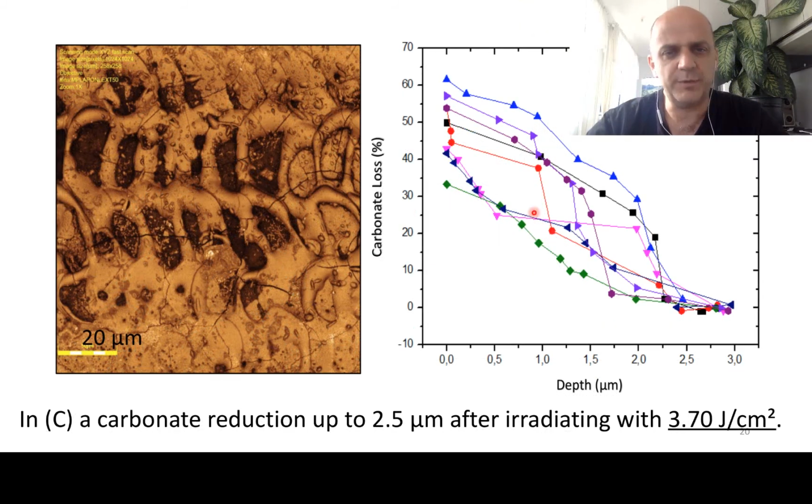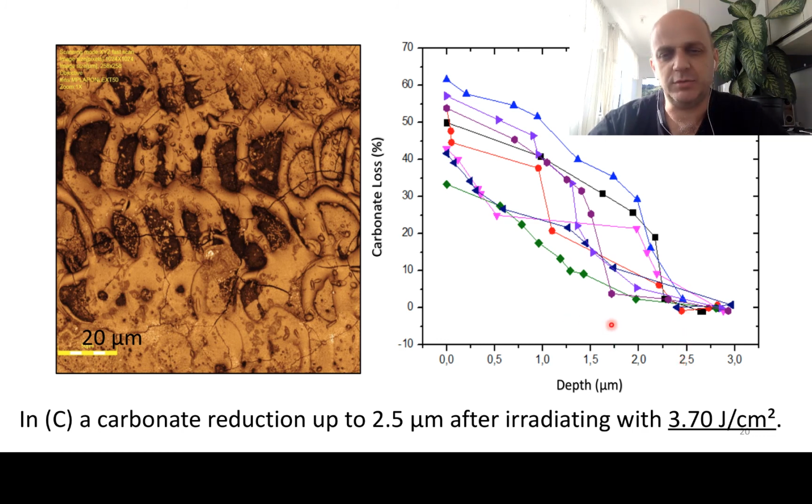In the third group, you have a higher loss. You see here a percentage of 36% of carbonate loss. After wearing the sample to different values, you have a carbonate loss near 0 when you reach 2.5 micrometers.